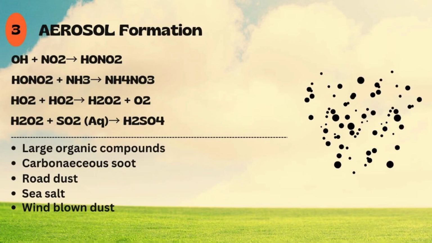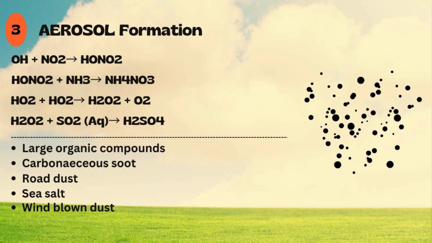Besides the formation of oxidants from the chemical reactions described in the above section, three other sets of reactions involve chain termination steps. The first chain termination step is the reaction of hydroxyl radical with nitrogen dioxide to form nitric acid, or HNO3. The nitric acid formed in this way removes both the chain carrying hydroxide radical and NO2.